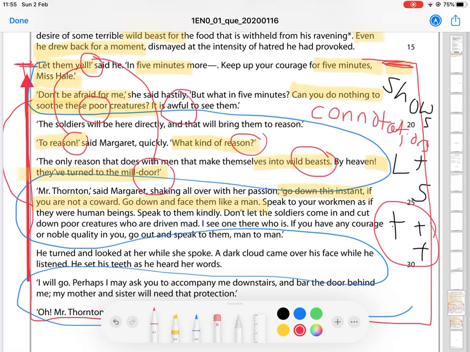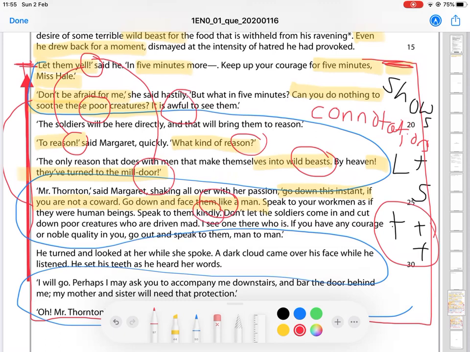What do you mean by reason? And now she's getting really annoyed. You know what? Go down. She's telling him what to do. She says face them like a man, similar. She feels like he's not treating them with respect. Speak to your workmen as if they were human beings. Speak to them kindly.